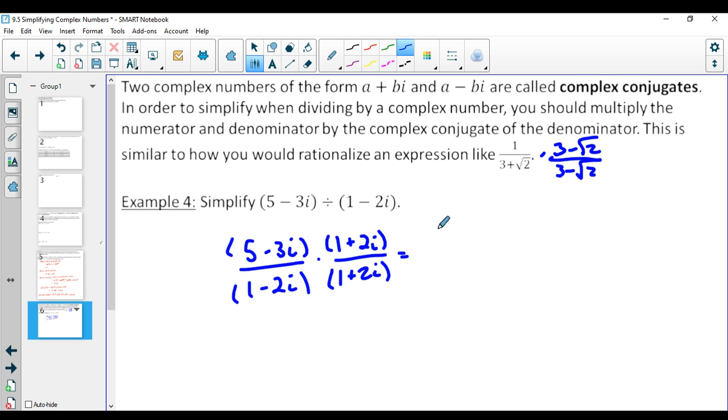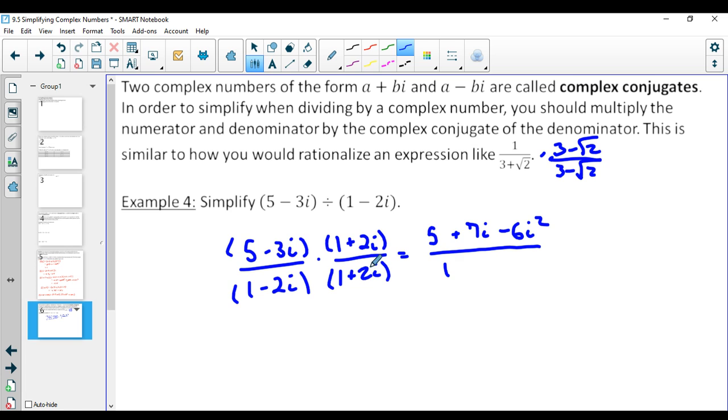Right, so here on the top, we're going to get 5, and then we're going to get minus 3i plus 10i, so plus 7i, right? And then we're going to get minus 6i squared, all over 1 times 1 is 1.